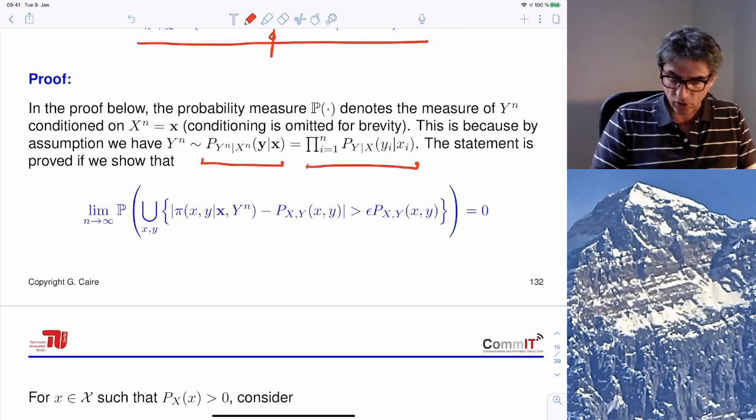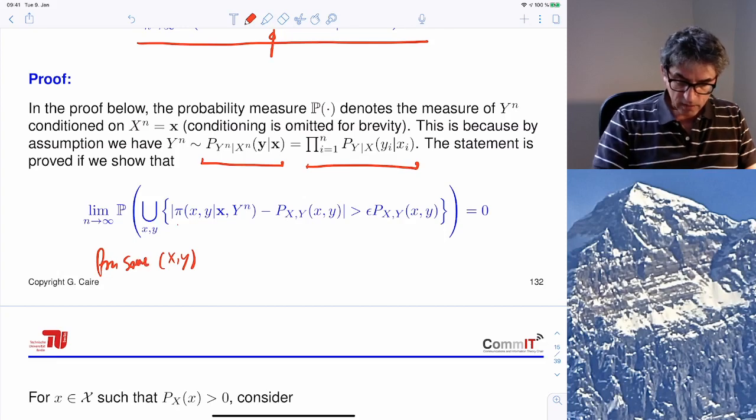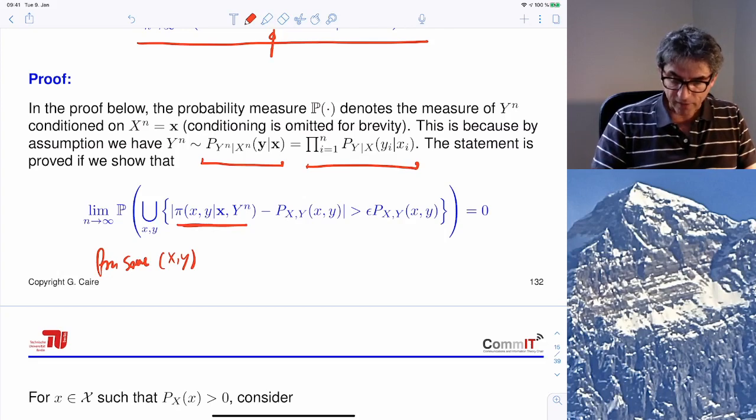Well, it means that for some letters x and y, the corresponding empirical probability is farther apart from the joint probability by more than epsilon times the joint probability.